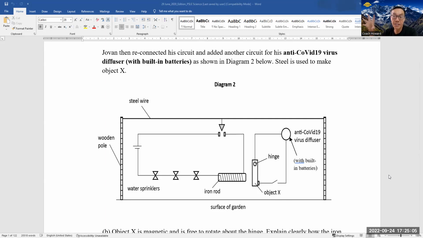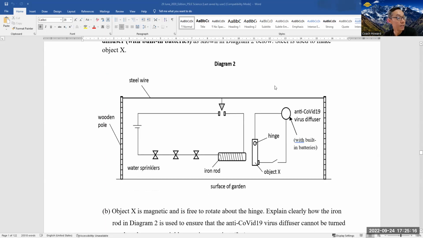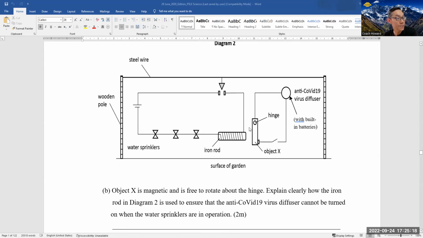So they will spray this, like air freshener, like they call the word air sanitizer, right? They will diffuse the anti-COVID spray. So in my question here, I say, okay, object X is magnetic. Okay, object X is this thing, is magnetic. That means it's made of a magnetic material and it's free to rotate at this hinge. I explained this hinge.